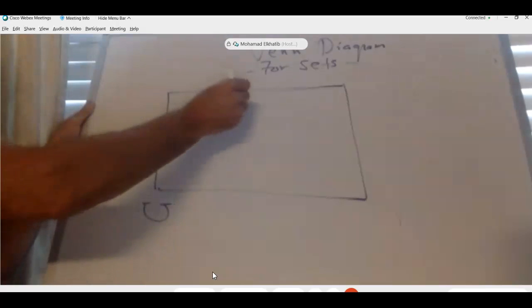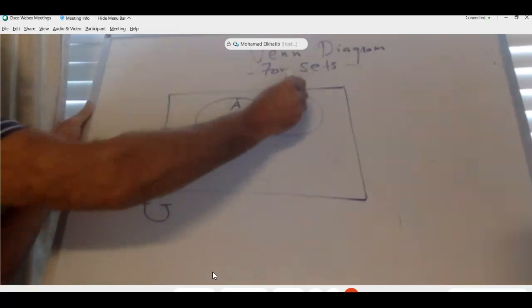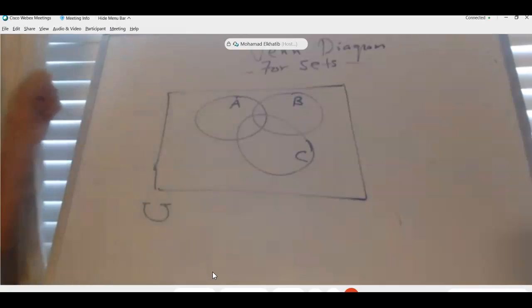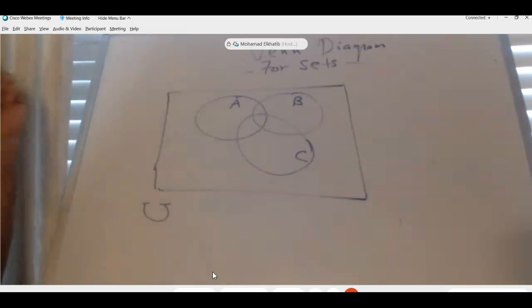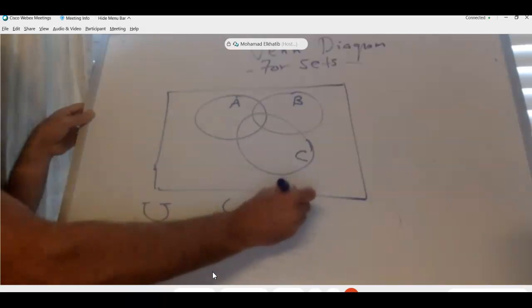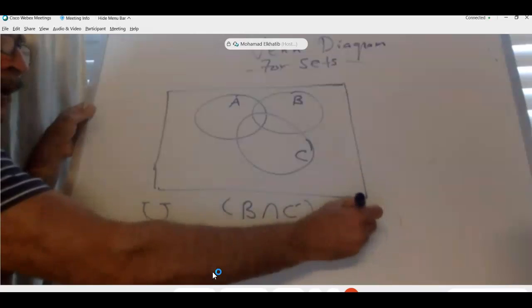I have three sets: A, B, C. That will be the last example, then I'll teach you probability. I want to find B intersection C prime union A.